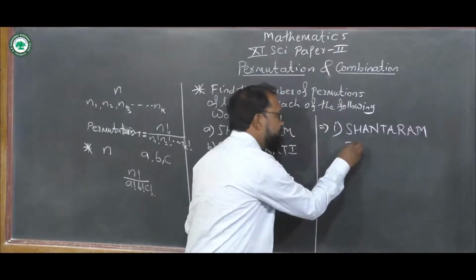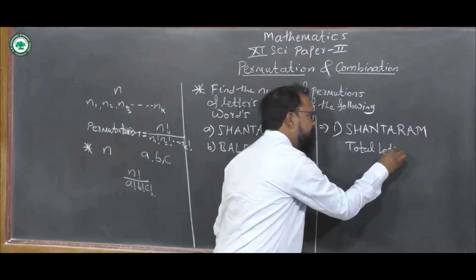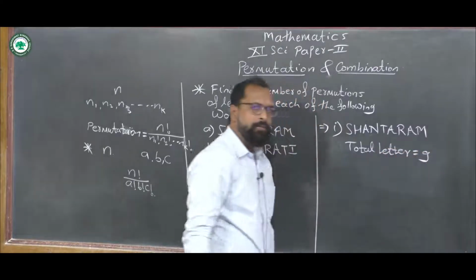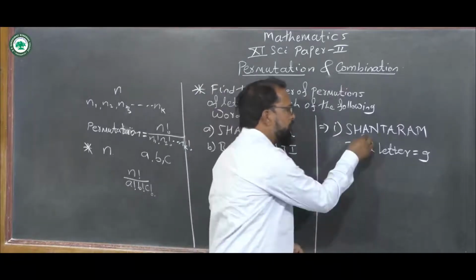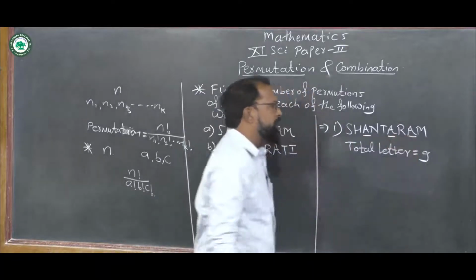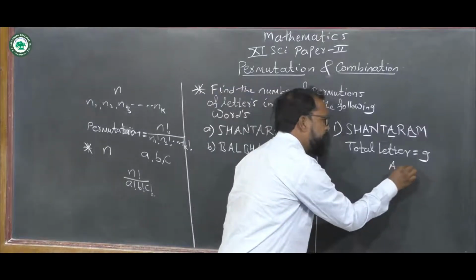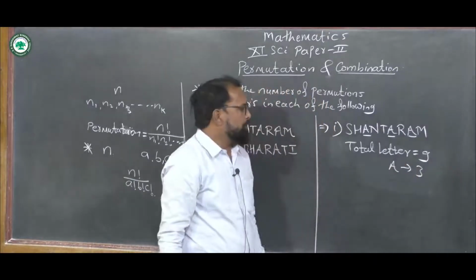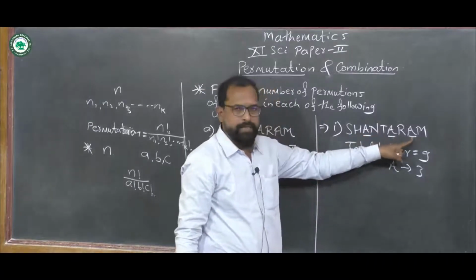The total letters equal 9, and the letter A is repeated 3 times. So we write A repeats thrice. No letter other than A repeats.